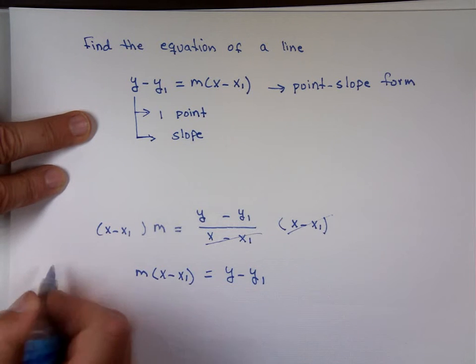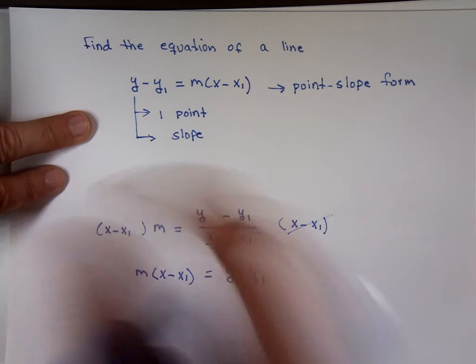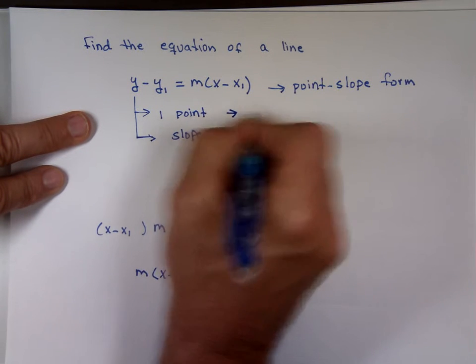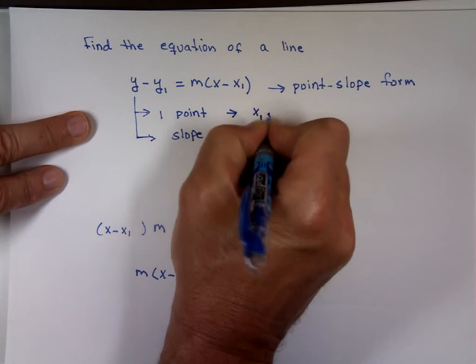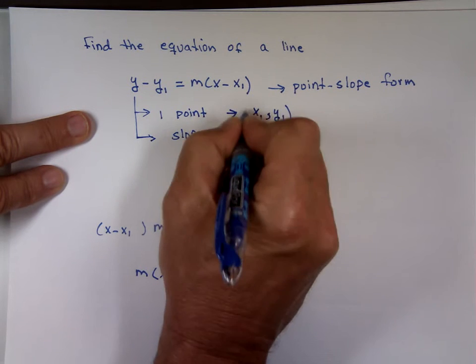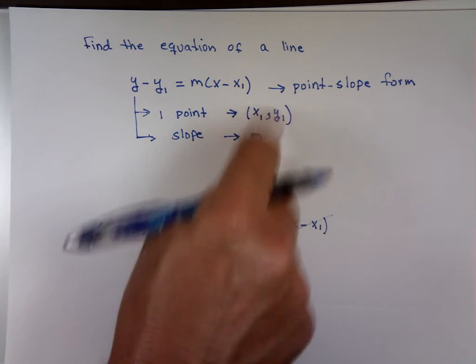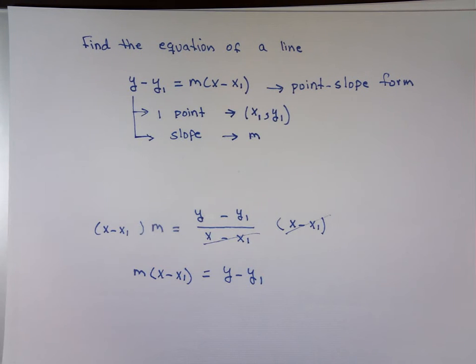Can't use it if you're missing one. You've got to do some extra work. The point gives you x1 and y sub 1, and the slope gives you the value of m. Once you have these two, you can plug them in and you can find the name of that line.